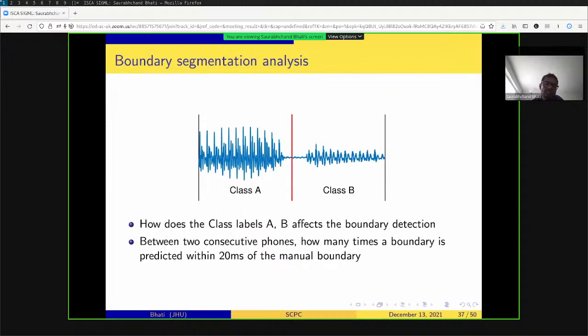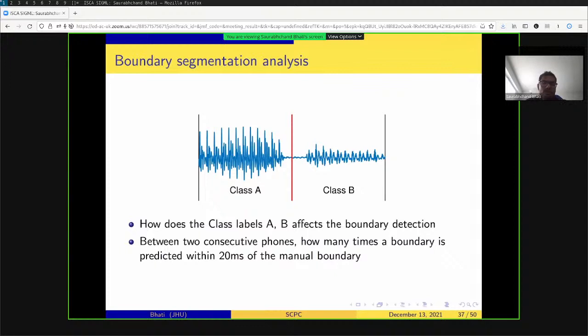The aim of this was: is it easy to detect a boundary between a vowel and a fricative, as opposed to a vowel and a vowel, or a vowel and a semi-vowel? To measure that, we took all the possible pairs of two consecutive phones, and we measured how many times the model is predicting a boundary within 20 milliseconds of the manual boundary.